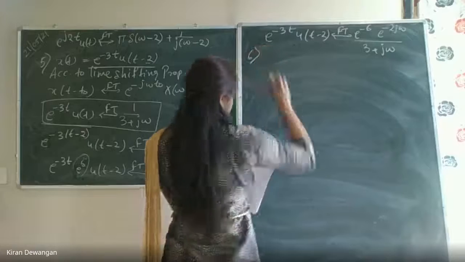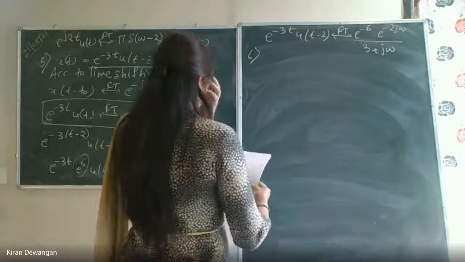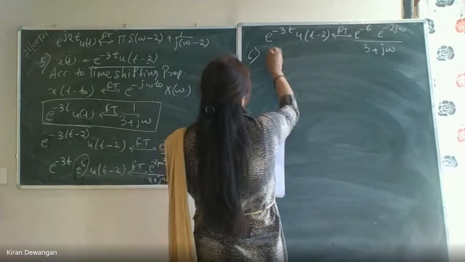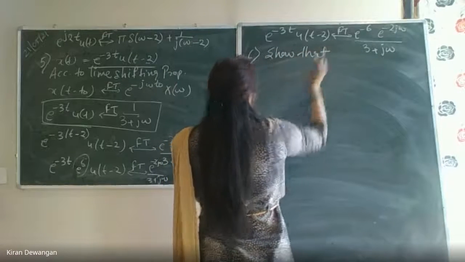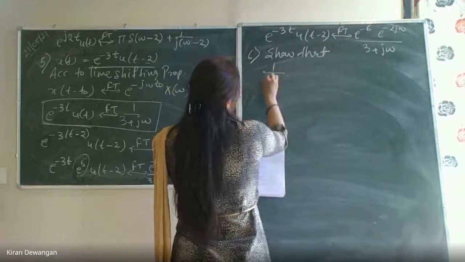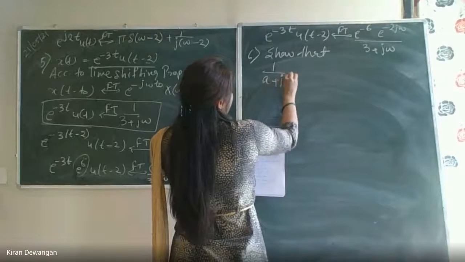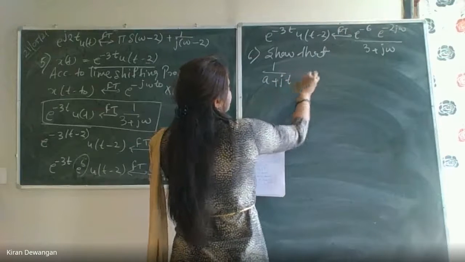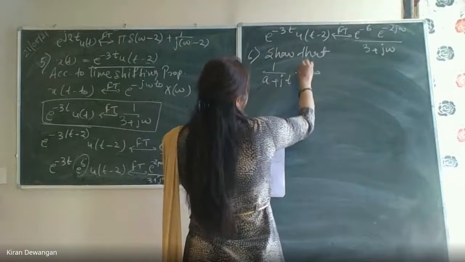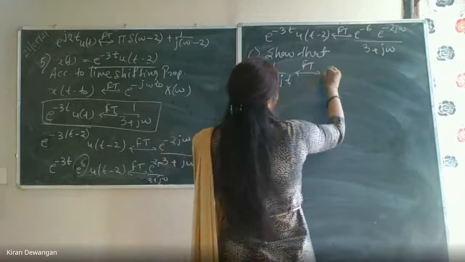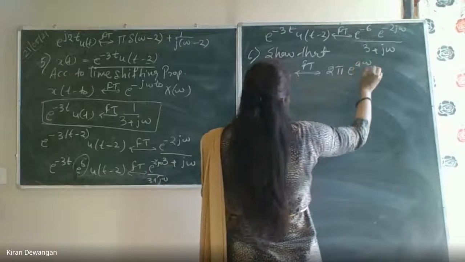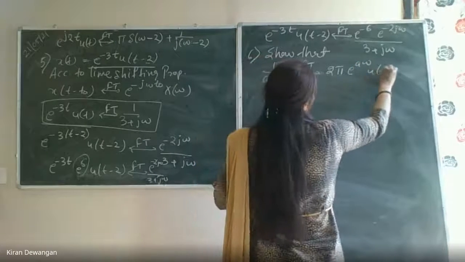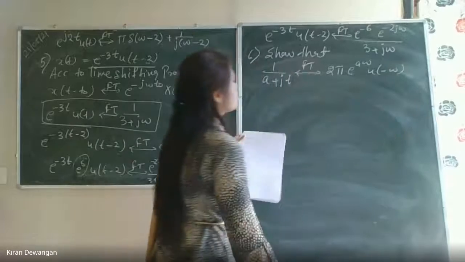the 6th one. Now we have to show that 1 by a plus jt will have Fourier transform 2 pi e to the power a omega u of minus omega.